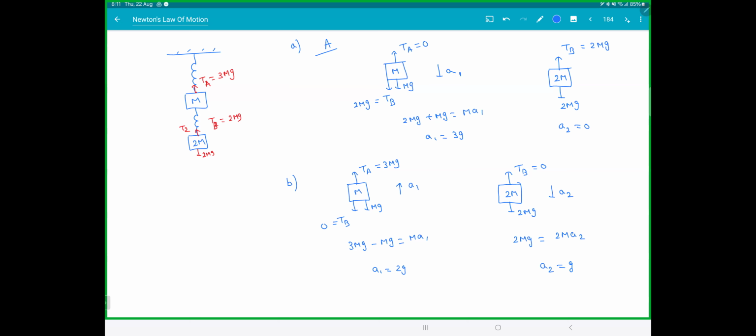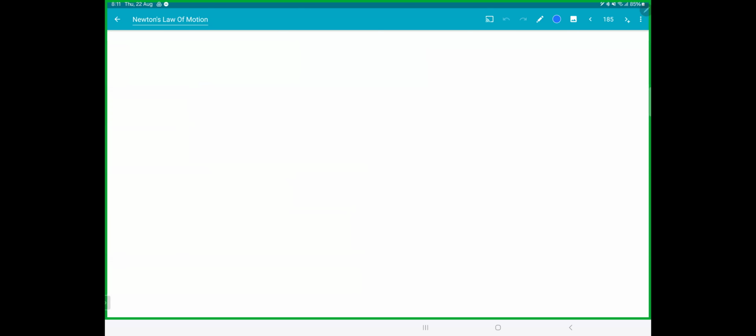Next one. All clear with this? Let's see one more like this. This is point A. This is point B. This is point C. Three parts are there.